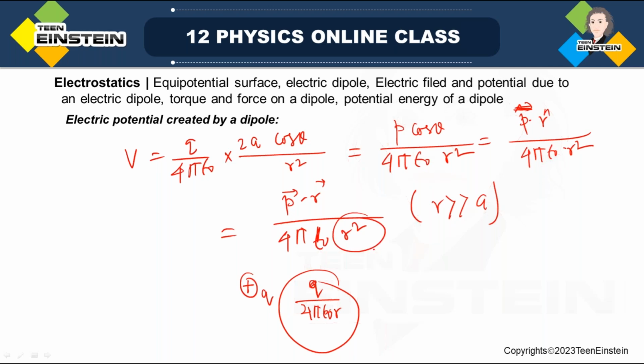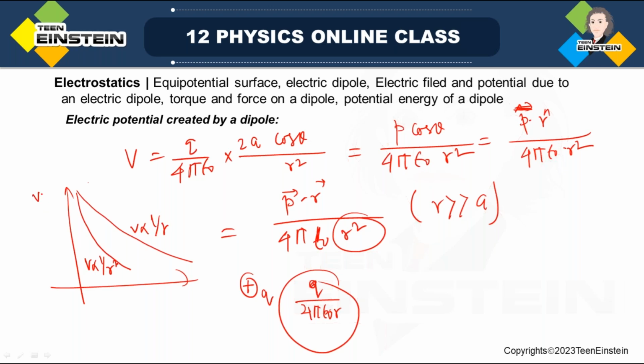See, for a dipole the electric potential varies inversely as r square, so the slope is much steeper, and for a point charge it is inversely proportional to r.